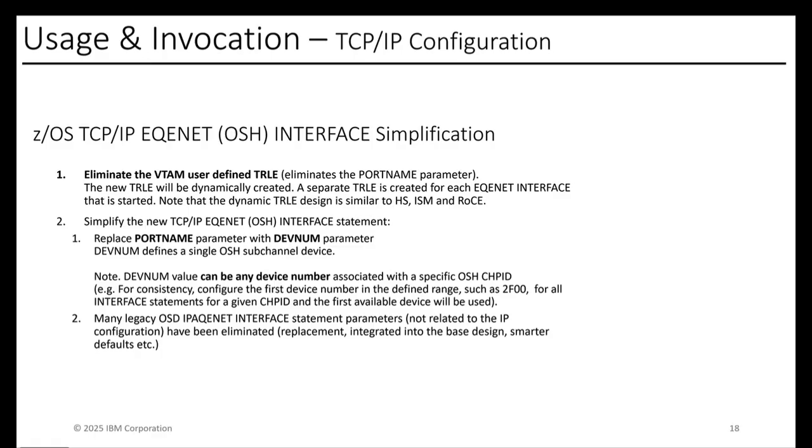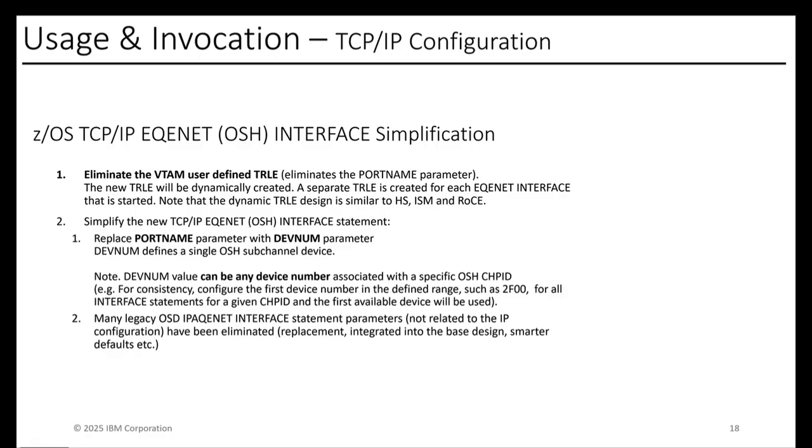We took smarter defaults, and basically the biggest name change is IPQENET turns into EQENET, and port name is now dev number. That's basically the difference. And you'll see that we're not introducing all new parameters. It's very much the same set of subparameters, and fewer of them. We just took smarter defaults, so some of the parameters go away.